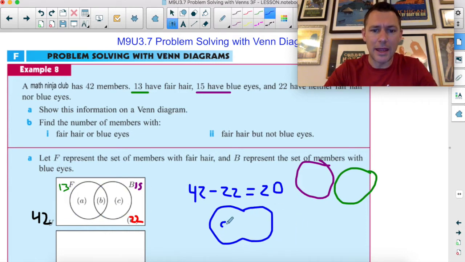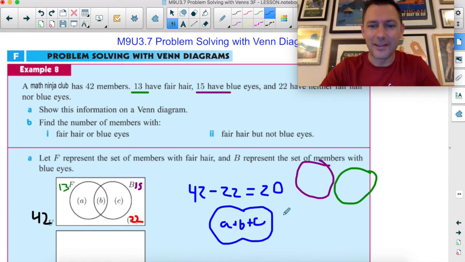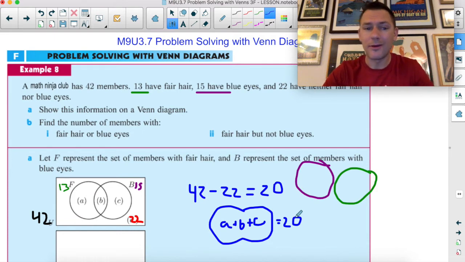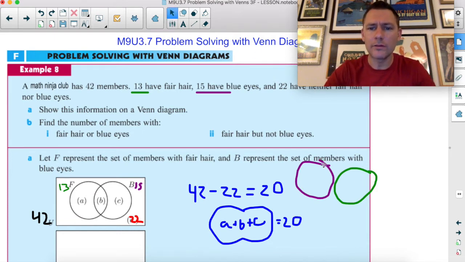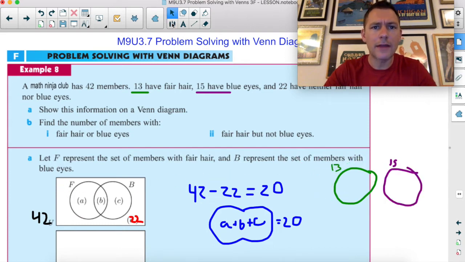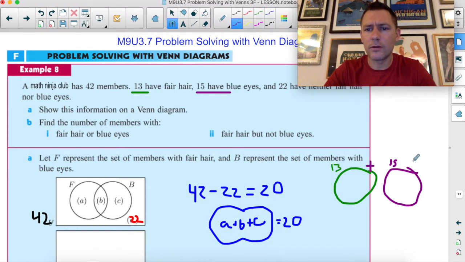That means that A and B and C, sorry about my slow drawing with my finger, better than the other finger, those added up have to be 20. Okay, now here's the deal. It looks like if you added 15 in this circle, 13 in that circle, if we added those up, that's 28.